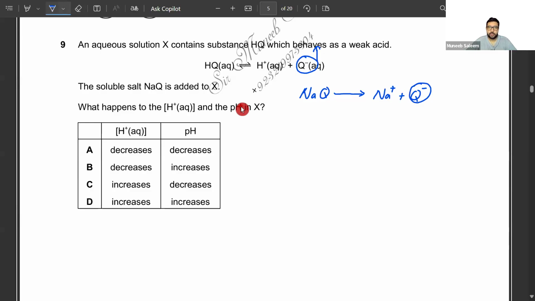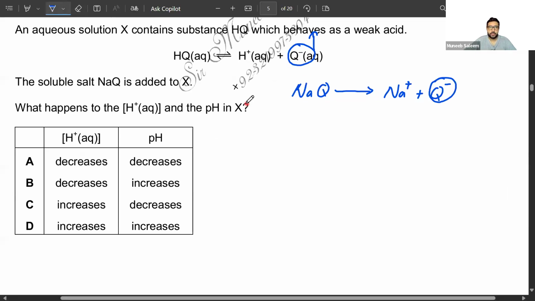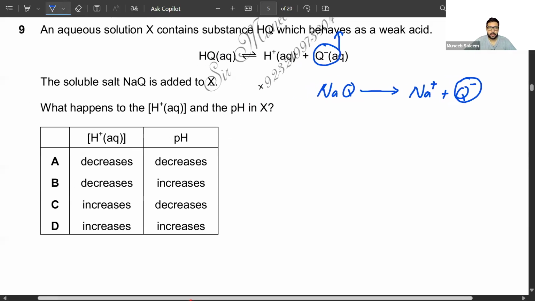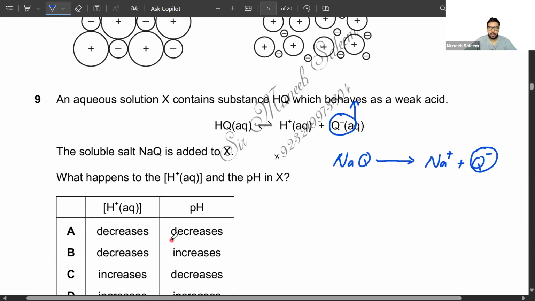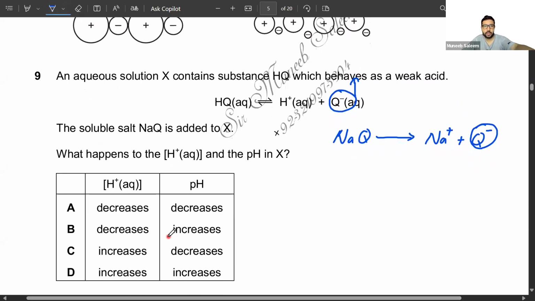So according to Le Chatelier's principle, if you increase the amount of any one substance in the equation, then it has to minimize and oppose that increase. So to oppose that increase in the Q anion, it should move towards the left side. So equilibrium will shift to the left side to minimize that amount of Q negative ion.